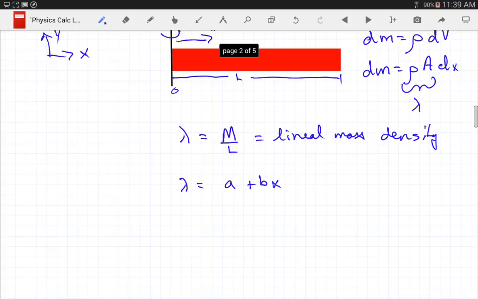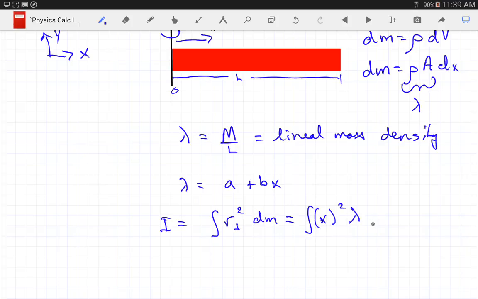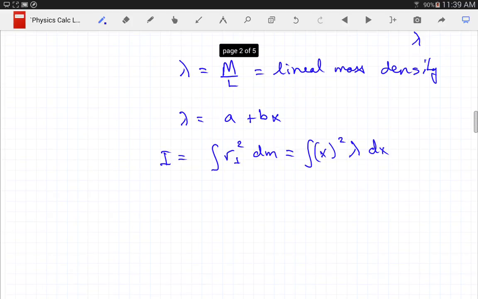So I use my equation, I is equal to the integral of r perpendicular squared dm, and then do substitutions. For dm, I'm going to put lambda dx, and for r perpendicular, I'm going to put x. So I'll have x squared, that's r perpendicular squared, times lambda dx, and for my lambda, I have to substitute the equation above.